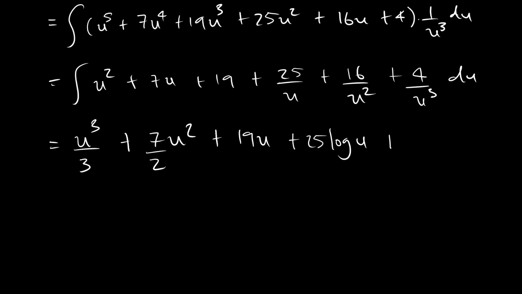And then here we have minus 16 over u. And then we have minus 4 over 2u squared. So let's delete that.